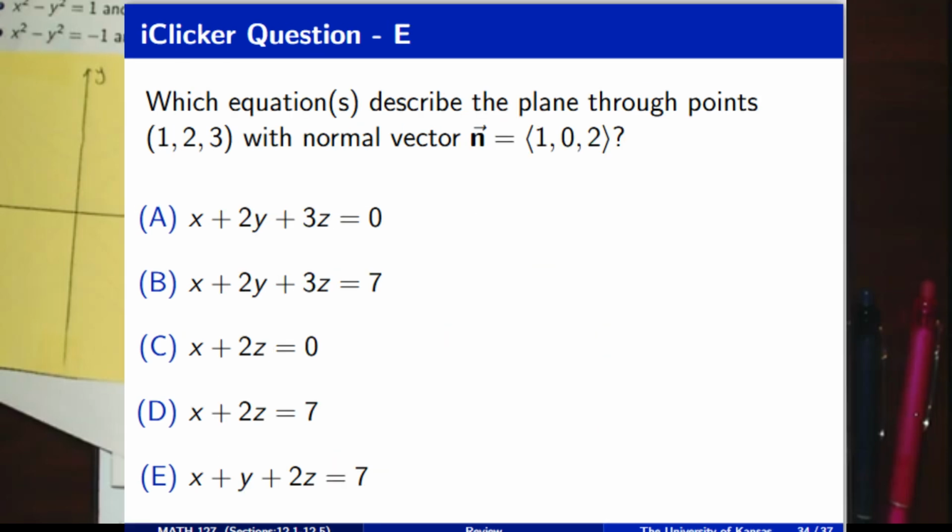So one more. Since I started, I want to do one more. This should be a quick one. How many options do you have?